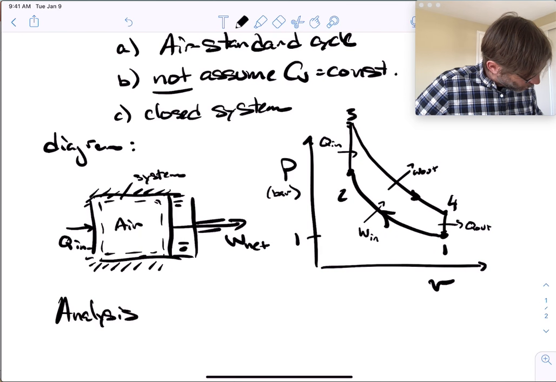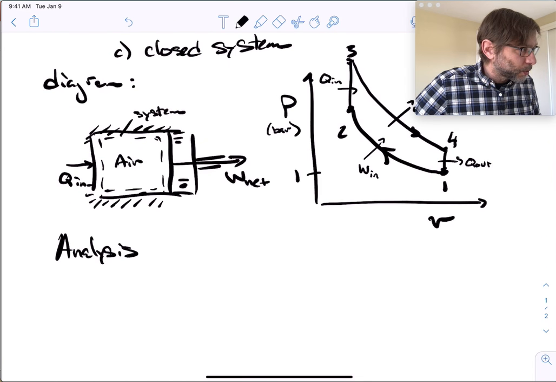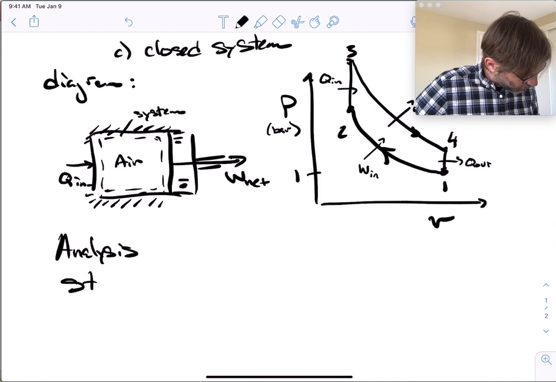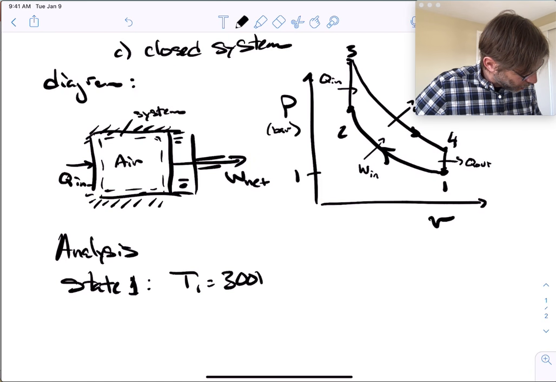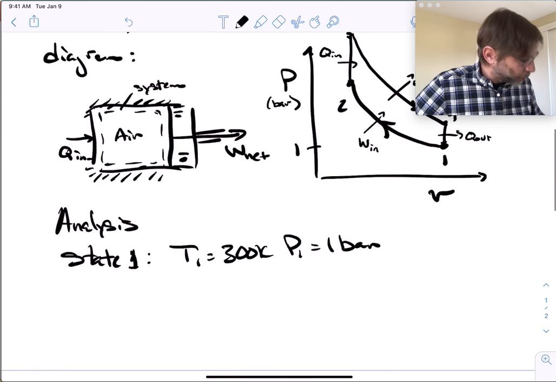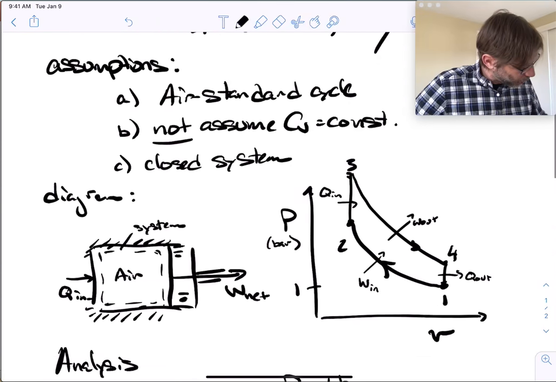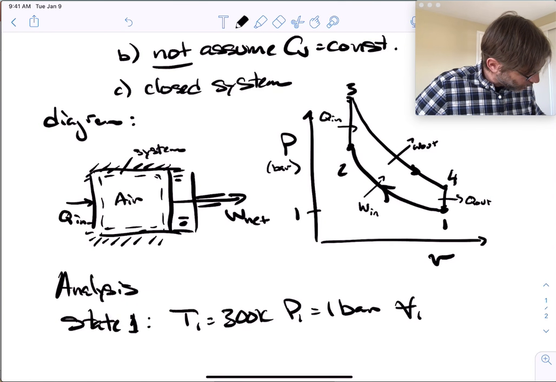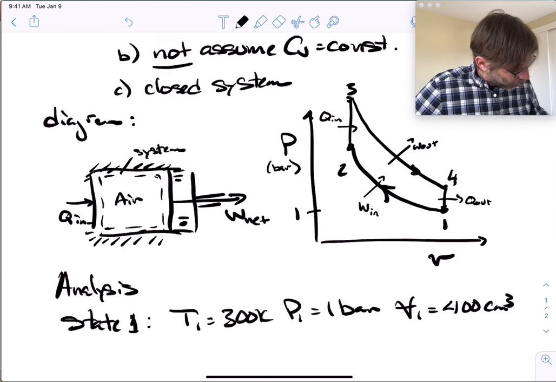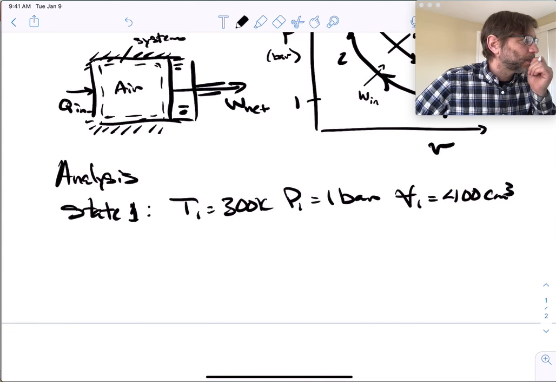We'll just go state by state. So T1 equals 290 K, P1 equals 1 bar. And do we have anything else? We have V1, the volume, 400 centimeters cubed. So good thing we can calculate mass. Do we calculate the mass yet? No, we don't.